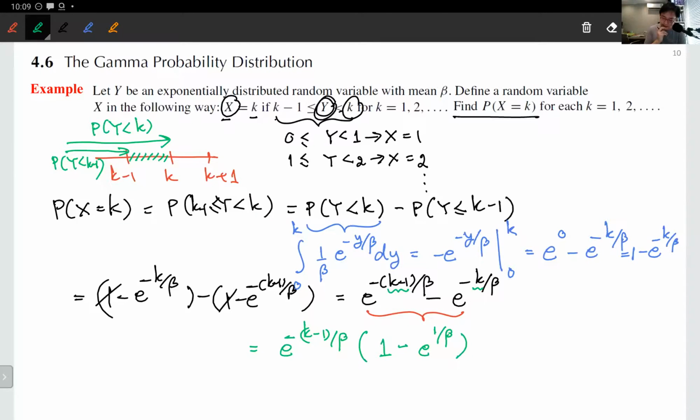1 minus e to the beta. K minus 1. 1 minus beta. Minus... plus k, minus 1.